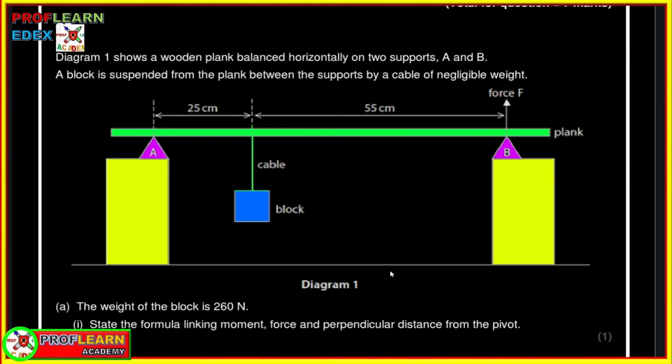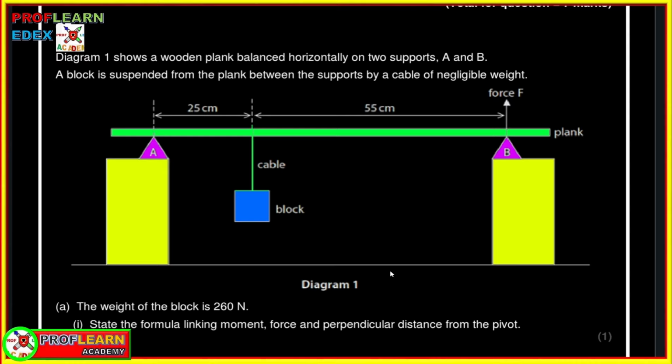Don't forget to look at moment of force as well. Remember, you may be asked to state the principle of moments. Remember to review how to state it. The principle of moments states that at equilibrium, the clockwise moment equals the anticlockwise moment about the same point.